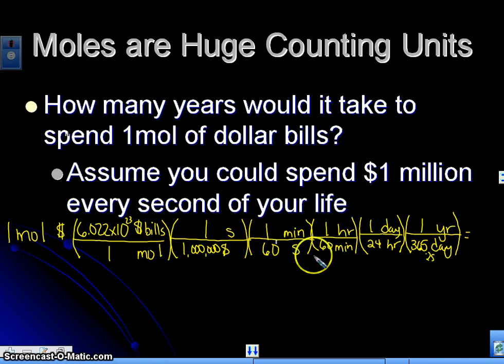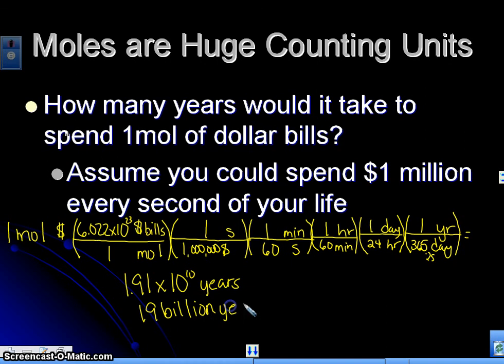So if we calculate that out, and go ahead and pause the video, put this into your calculator, and make sure that you get what you need, and then restart and check your answer, you should get 1.91 times 10 to the 10th years, that would give you 19 billion years.